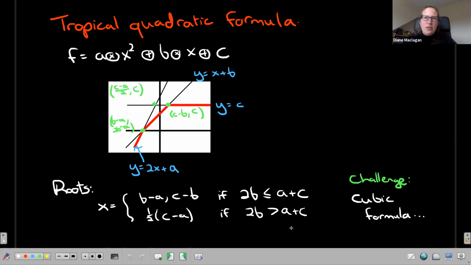It's when the discriminant is 0. And if you think about the discriminant, well, we have b squared, this is tropical b squared, and we have 4ac, and this is tropical a times c. So you can see the hint of the discriminant sitting here.